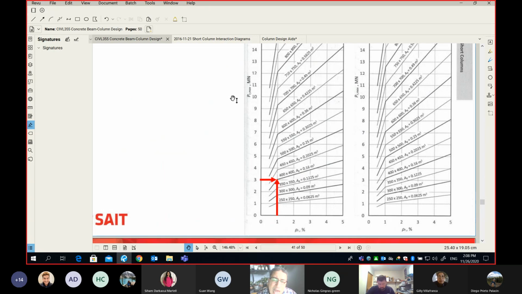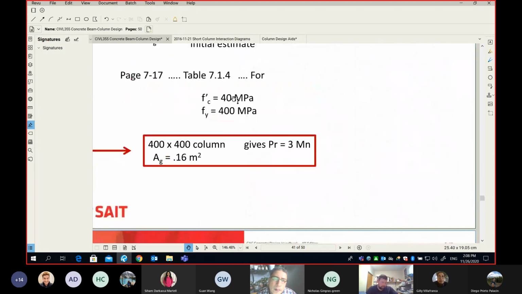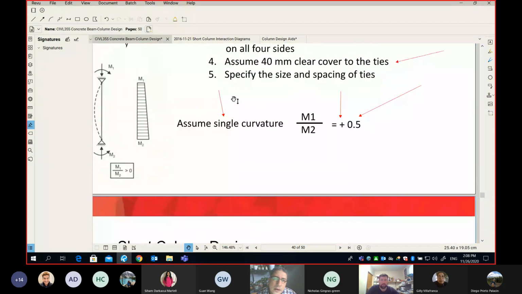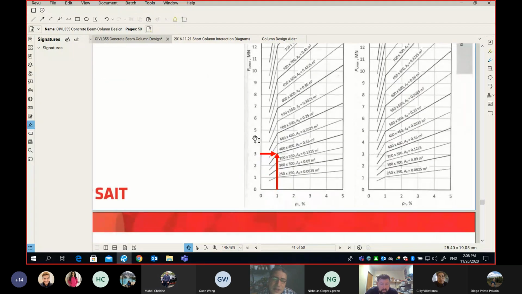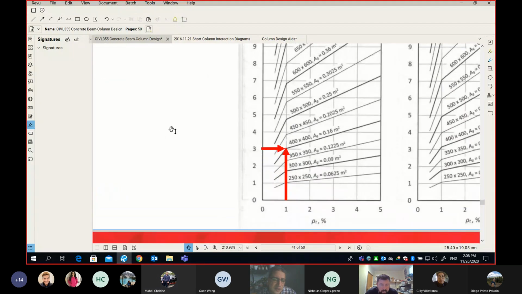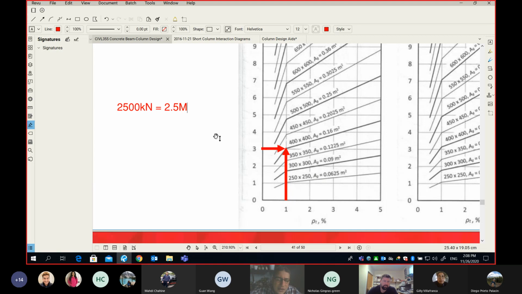Anybody remember the axial load? 2,500. Okay, I think I made a mistake. 2,500 kilo Newton equals 2.5 mega Newton.